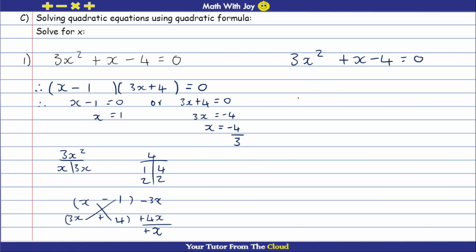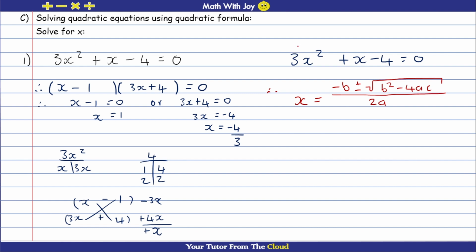All right, so the quadratic formula goes like x equals minus b plus or minus the square root of b squared minus 4ac. Divide this whole thing by 2a. Now, you want to get in the habit of actually writing the quadratic formula until you understand it or you memorize it.